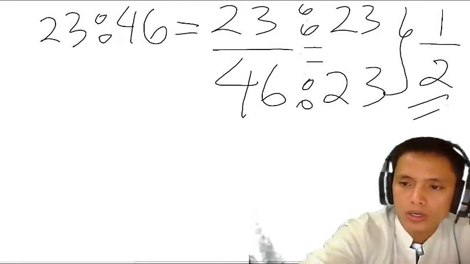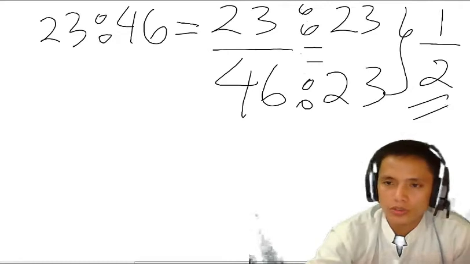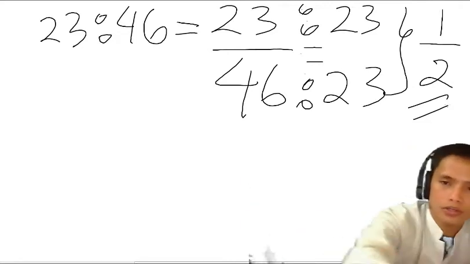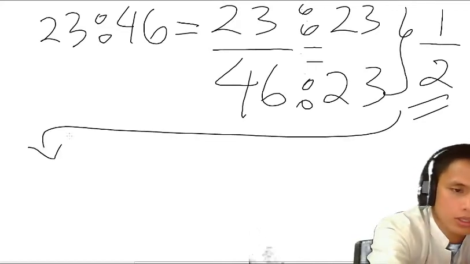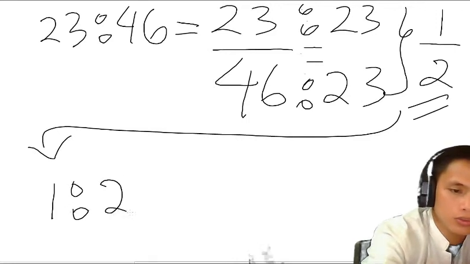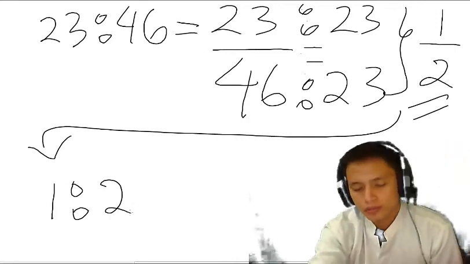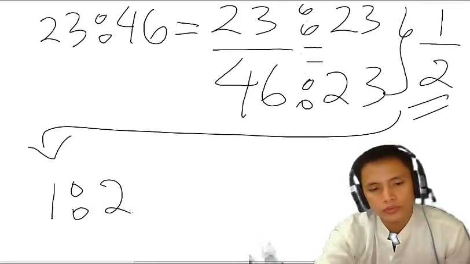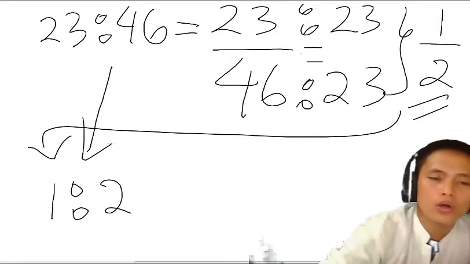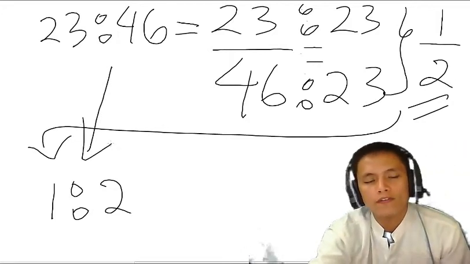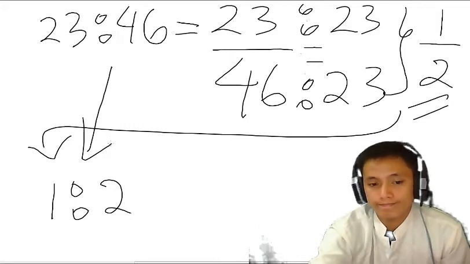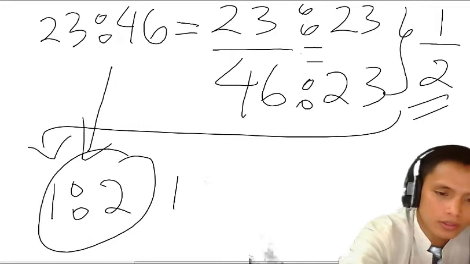So this is the lowest equivalent ratio. If you find out that 1 over 2 is the lowest, you can change it back to its ratio form. So it's equal to the ratio 1 to 2. The equivalent ratio of 23 to 46 is 1 to 2. Simple, right? So this is your answer.